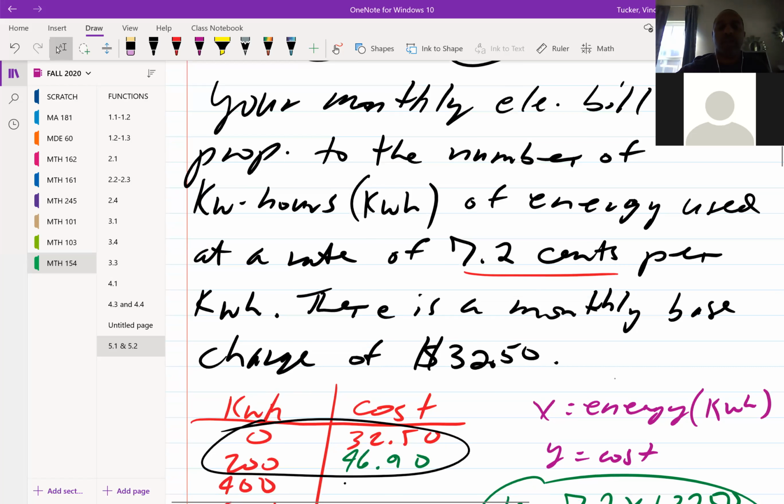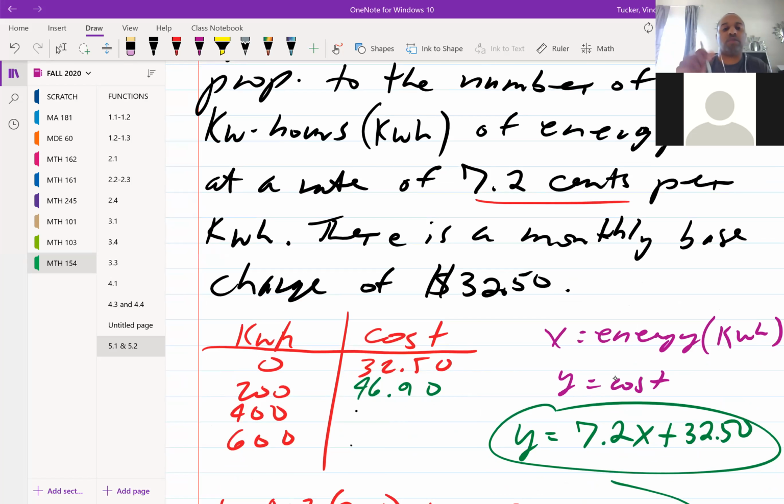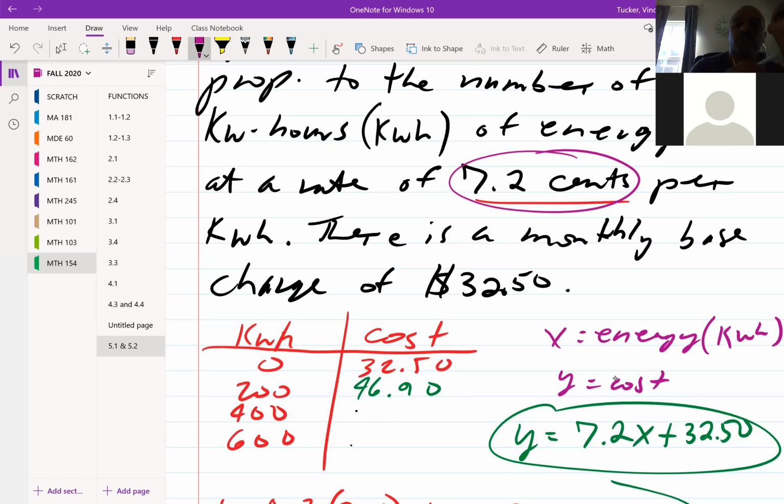All right. So they give us that chart. This time they give us a chart of 0, 200, 400, and 600. So what I did was I allowed my energy to be x and my cost to be y so that I can set up my equation. I have 7.2 cents per kilowatt hour, so my kilowatt hours will be my x.